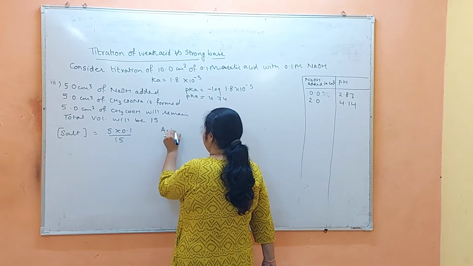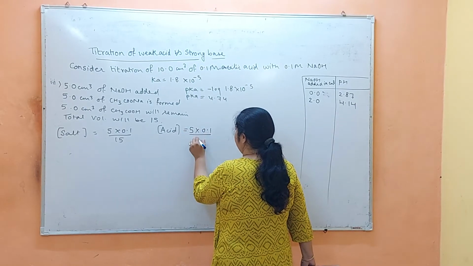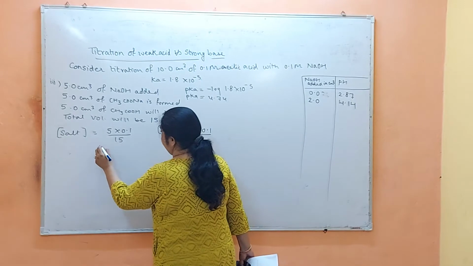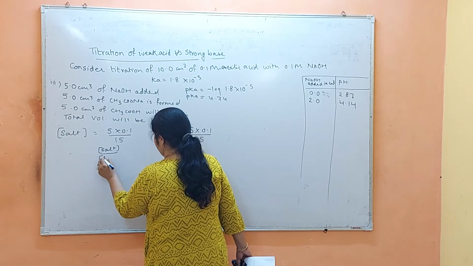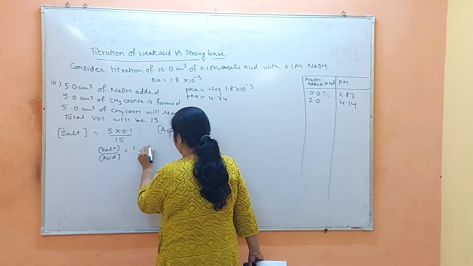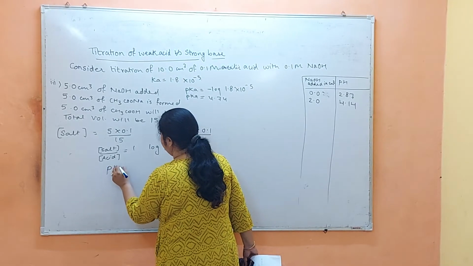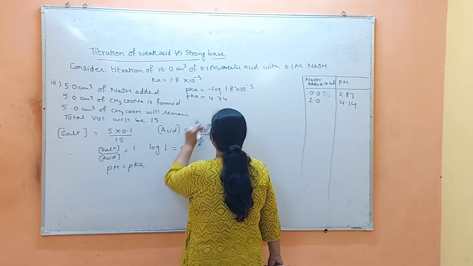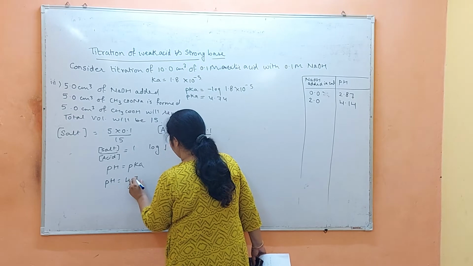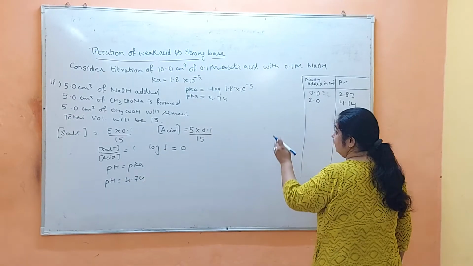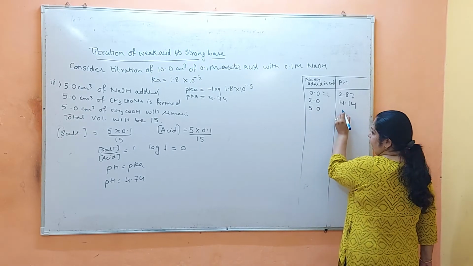Acid concentration will be equal to 5 into 0.1 divided by 15. So now see, salt by acid will be equal to 1. And log 1 is 0. So pH will be equal to pKa. Now we know pKa is 4.74, so pH will be equal to 4.74. Please try to understand the pH is continuously increasing.